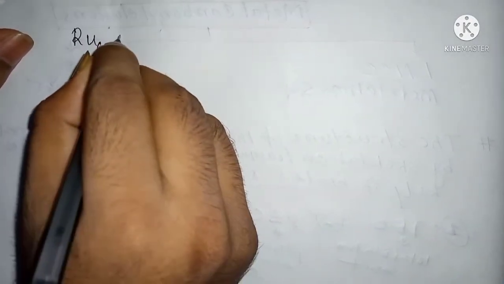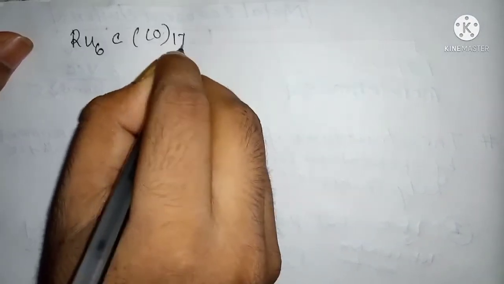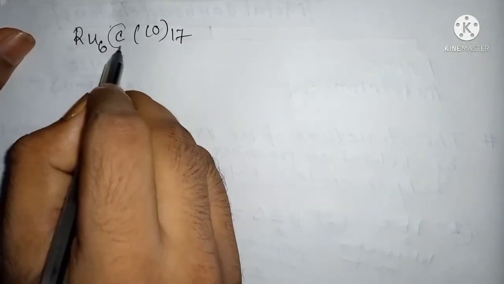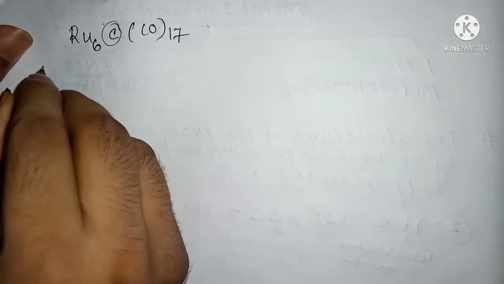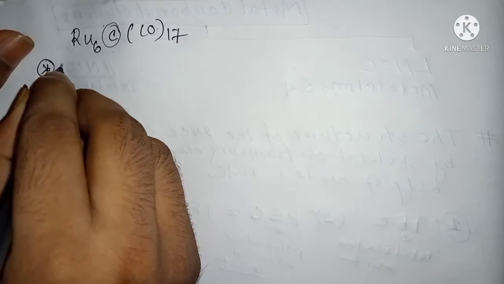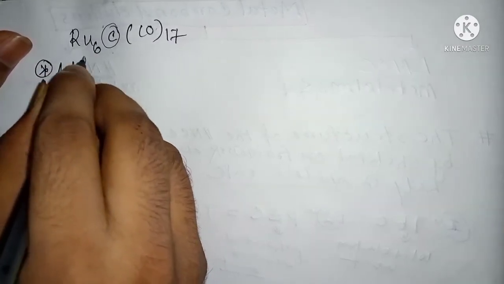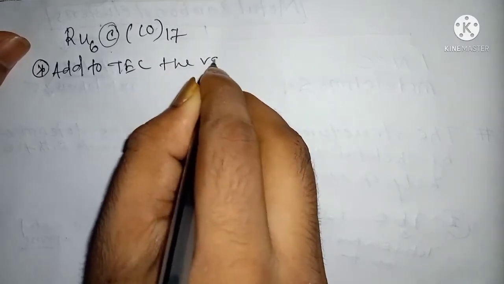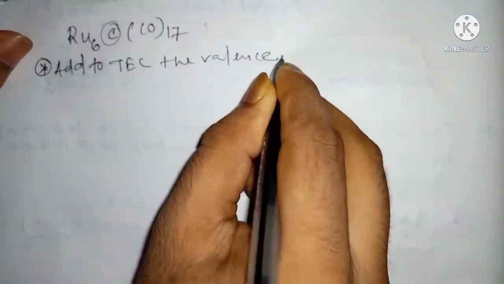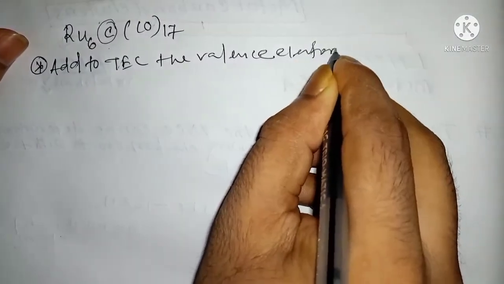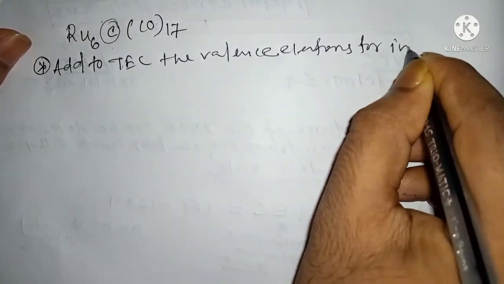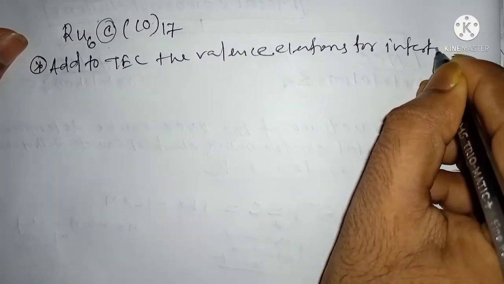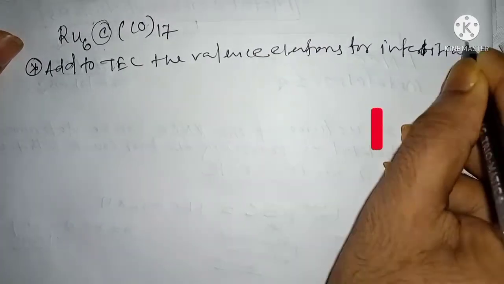Now another example, Ru6C(CO)17. Now this carbon is in an interstitial position. So there is another rule: add to the total electron count the valence electrons of the interstitial atom.